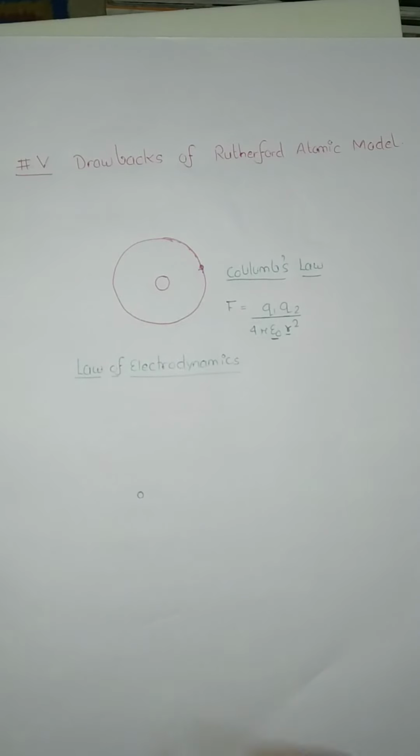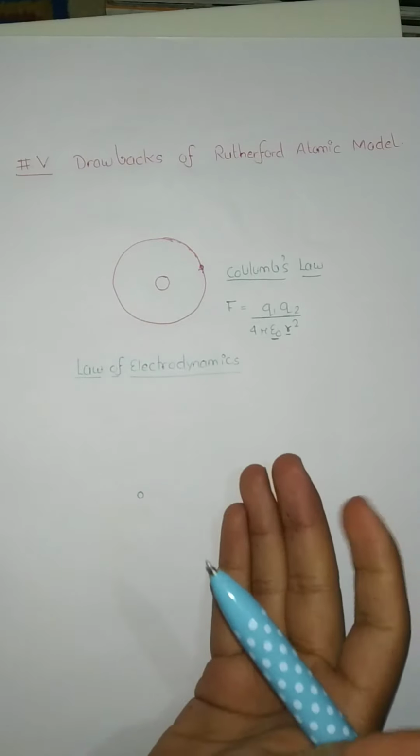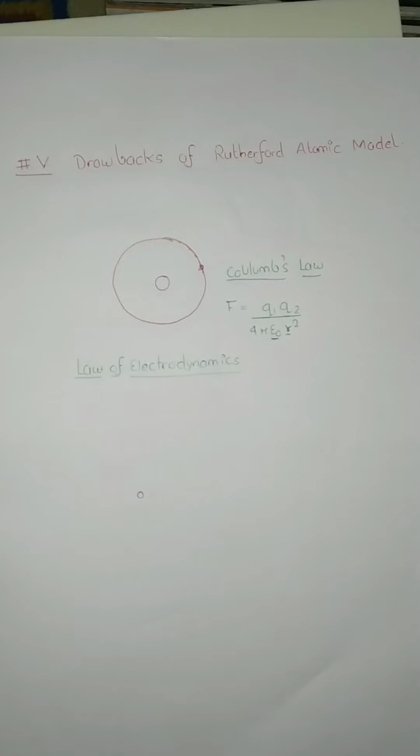When it comes back to the lower radius, it releases that gained energy in the form of electromagnetic waves. And it cannot explain the line spectra of hydrogen. It explains it to be a continuous spectrum.